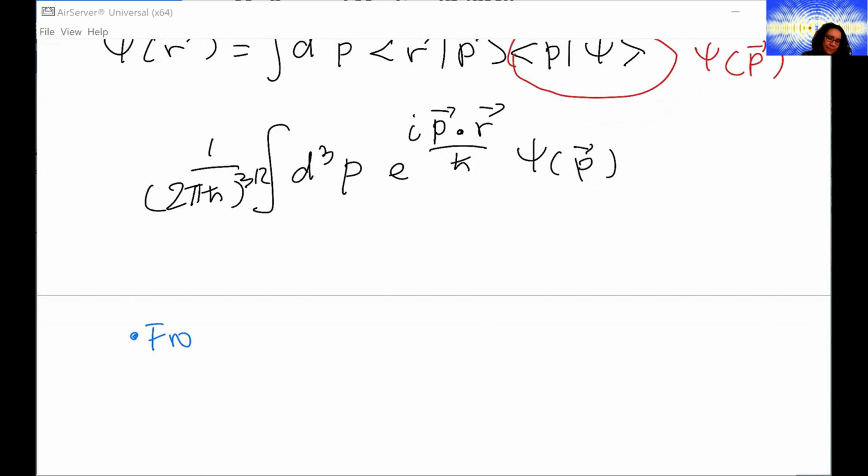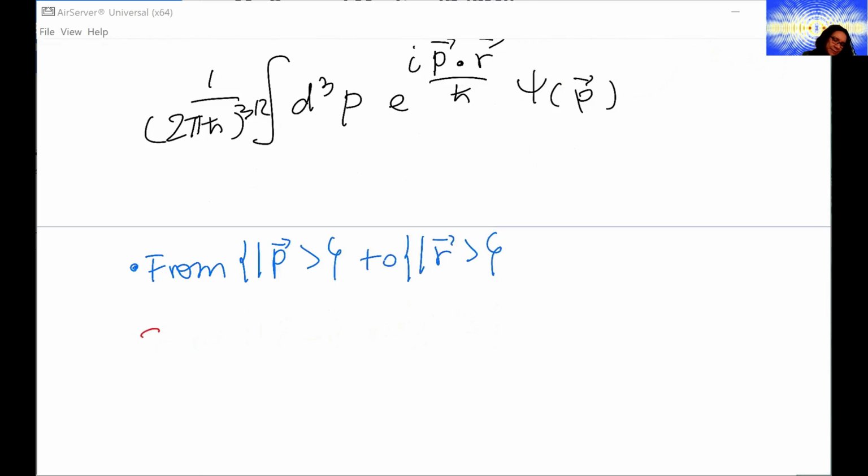So from the P representation to the R representation, you start with psi P, which is the ket psi in the P representation. So you can clearly see again that your wave function in momentum space is less general than your ket.